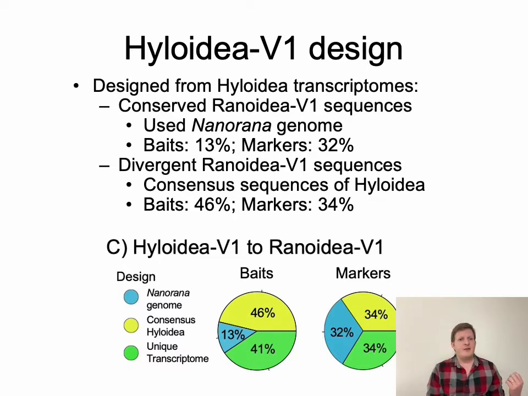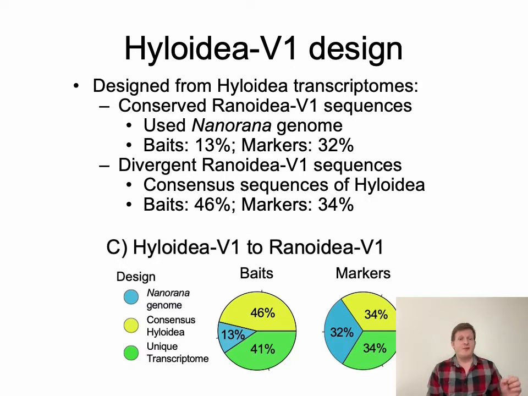Second, there were orthologous loci shared between Hyloidea and Ranoidea, and the problem here was that the markers were too divergent, so they wouldn't be captured in Hyloidea.